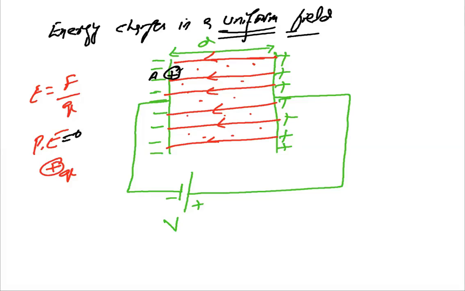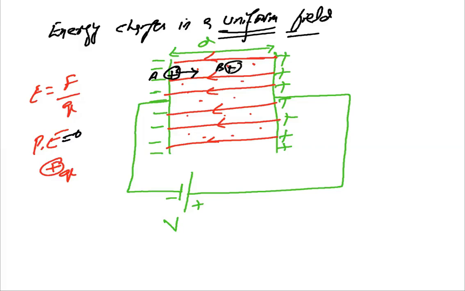Now let's say I am pushing this positive charge toward the positive plate. So I am doing work on this positive charge, and it will come over here. Here potential energy will be stored in this positive charge.